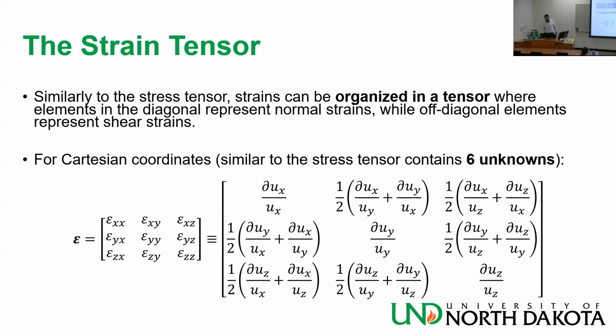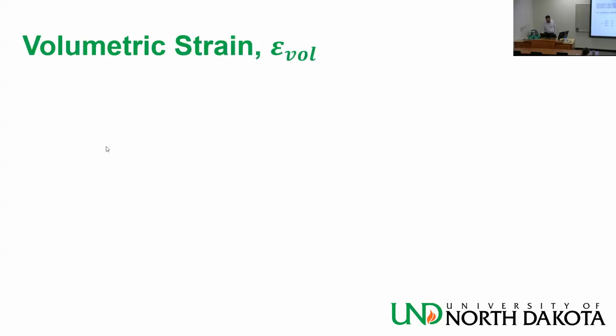So this is the strain tensor, and it can be related to the stresses. Now we're going to make it volumetric, of course. Volumetric strain is a little bit of combining many into one. How does the volume change?